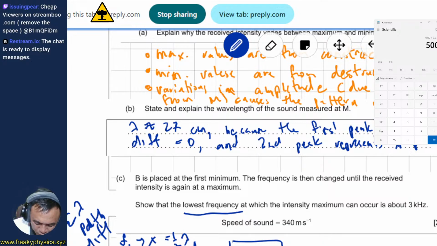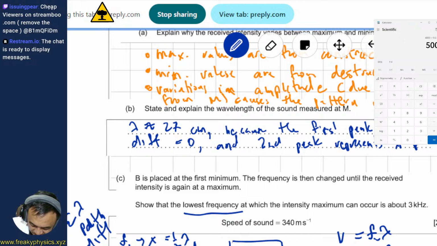Now, what do we do now? We do the wave equation. V equals frequency times wavelength, right? So this is gonna be 340 equals the frequency 2, times the wavelength, which is 14 centimeters. That's gonna be 0.14 meters. This is gonna be meters as well, so that cancels out.